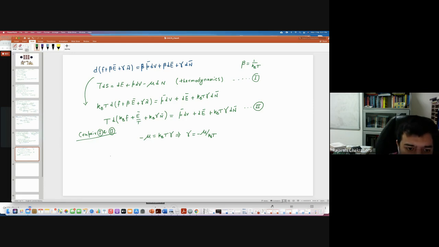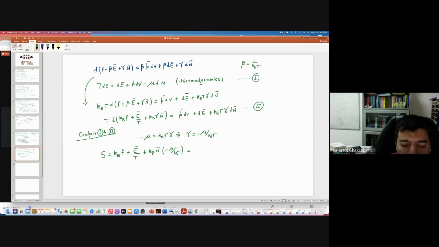And also when you integrate, you get something like S, which is your entropy. This is equal to kB f plus E bar divided by temperature plus kB n bar gamma. Of course, gamma you can replace with minus mu by kBT.